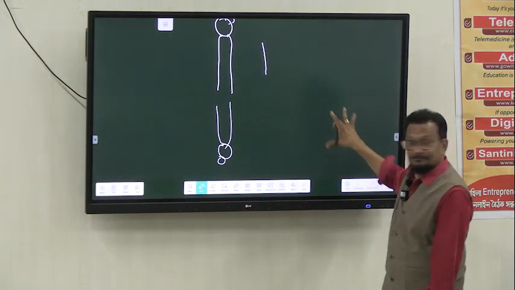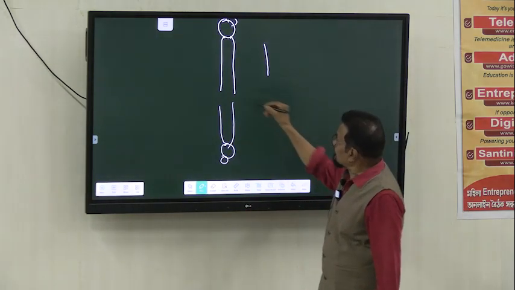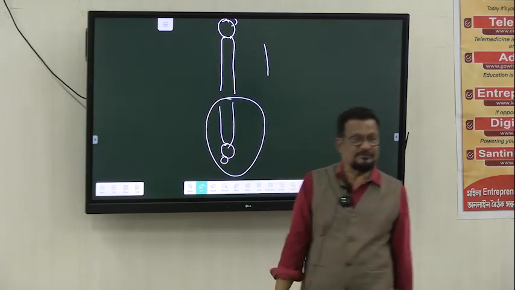One layer, another layer. See, what is there? This is phospholipid, no?